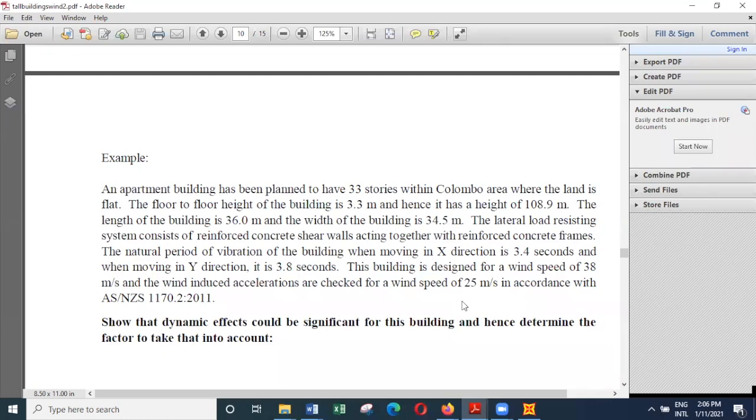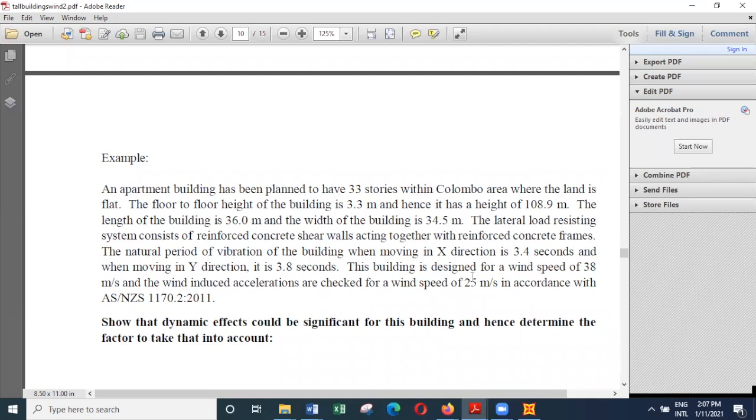Under ultimate conditions, we have a longer return period, whereas when checking wind-induced accelerations, which is a serviceability condition, we use a lower return period. So we have to use two different wind speeds when calculating the response of the building, and this example has captured that aspect.